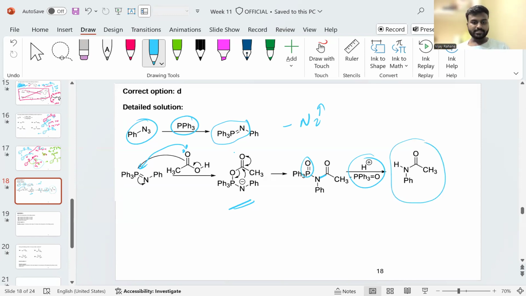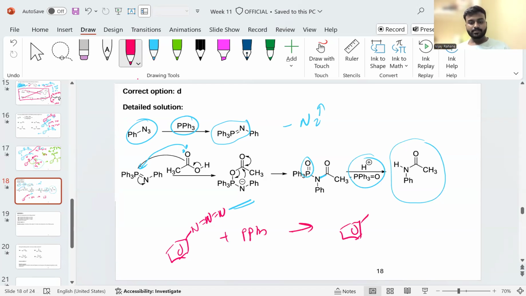So throughout this reaction, the first step you need to understand and remember: whenever we have the azide N triple bond N plus PPh3, it leads to formation of N double bond PPh3. So that's the product formation in the first step.